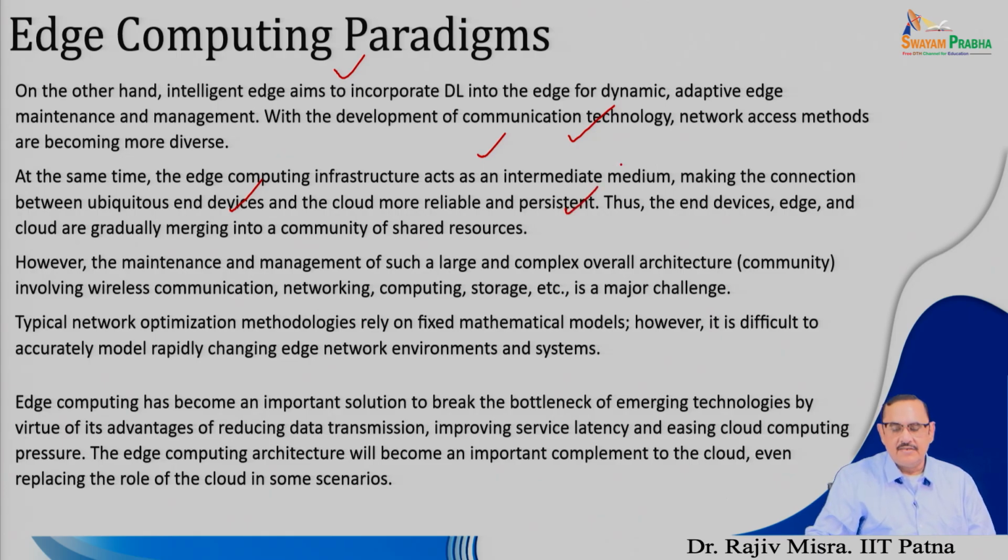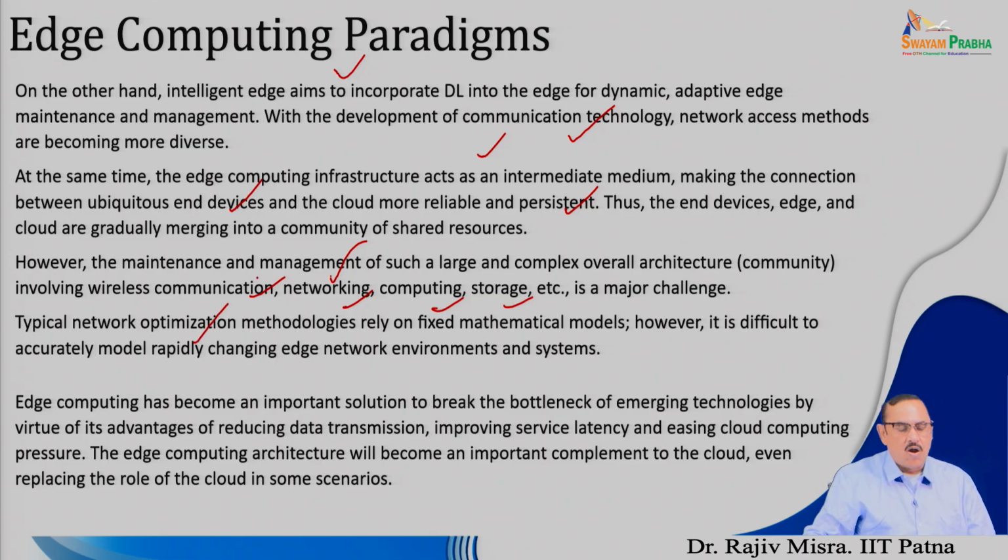Thus, end devices, edge and cloud are gradually merging into a community of shared resources. However, maintenance and management of such a large and complex overall architecture involving wireless communication, networking, computing and storage is a major challenge. So, it is not an easy task.